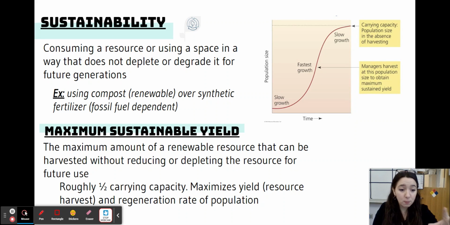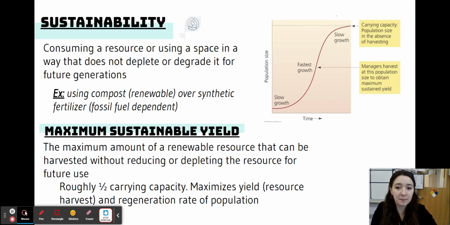And when we practice sustainability, you are going to be using that resource in a way that does not make the initial amount of what we had originally go down to the point where we can no longer use it. So, for example, we are currently not using a lot of our natural resources sustainably, such as oil and coal.